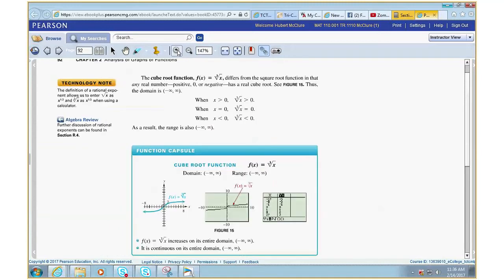Add it to your family of graphs. So turn to your family of graph page. I just usually don't cover this. Go to your family page. It has the 8 graphs on it, and maybe draw it on the back. I'm not really going to talk about the cube root function that much or test you on it, but just add it to the back and call it the cube root function.